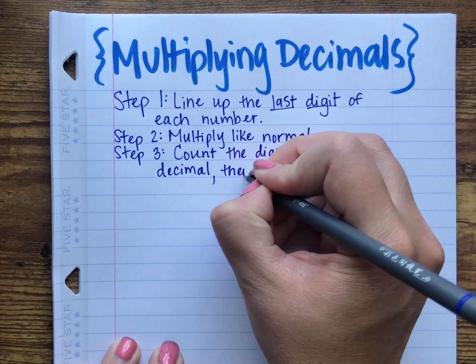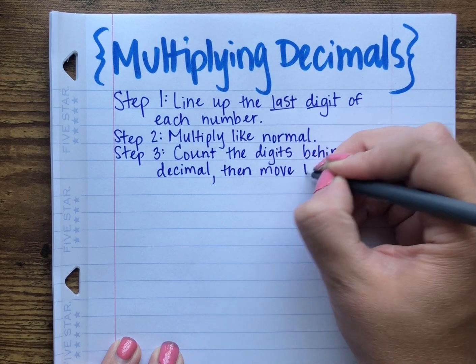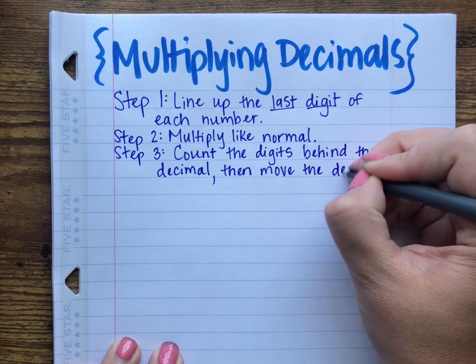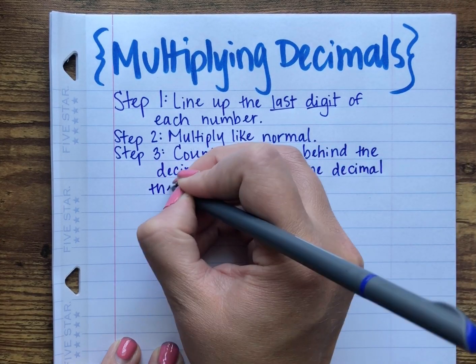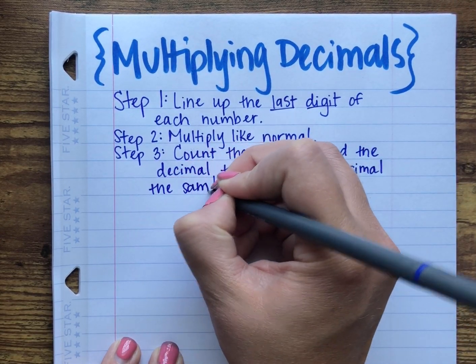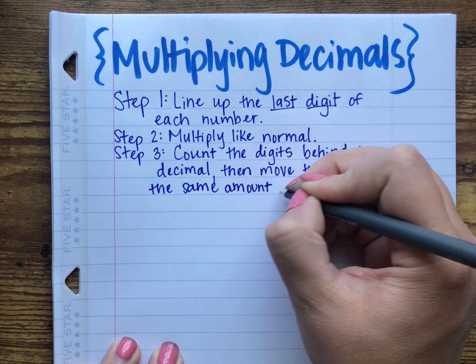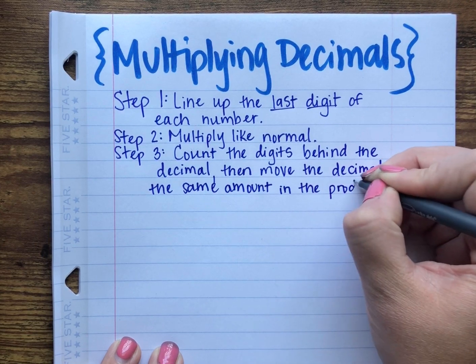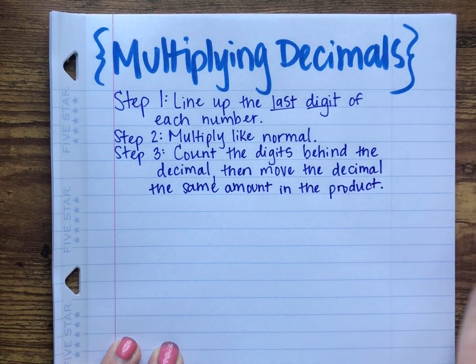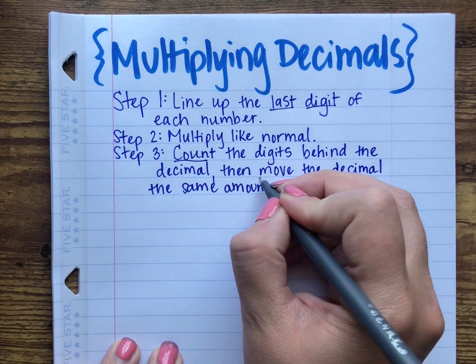Then we're going to move the decimal the same amount in the product. Okay, so the most important words in this, we're going to count and then we're going to move.